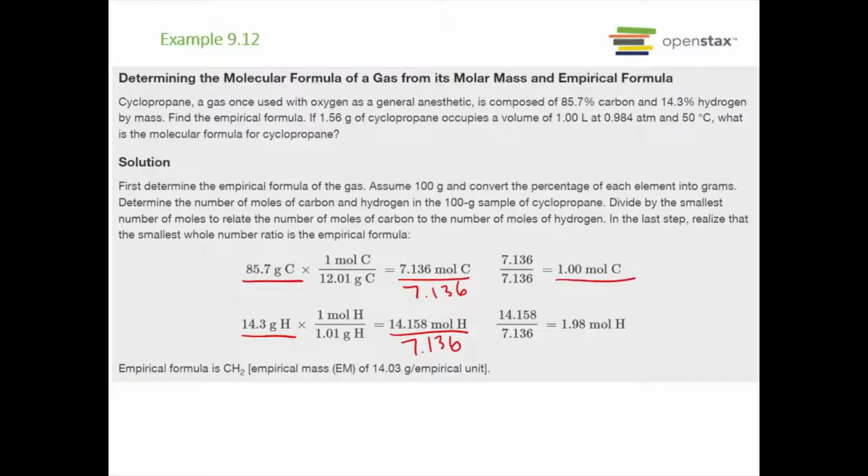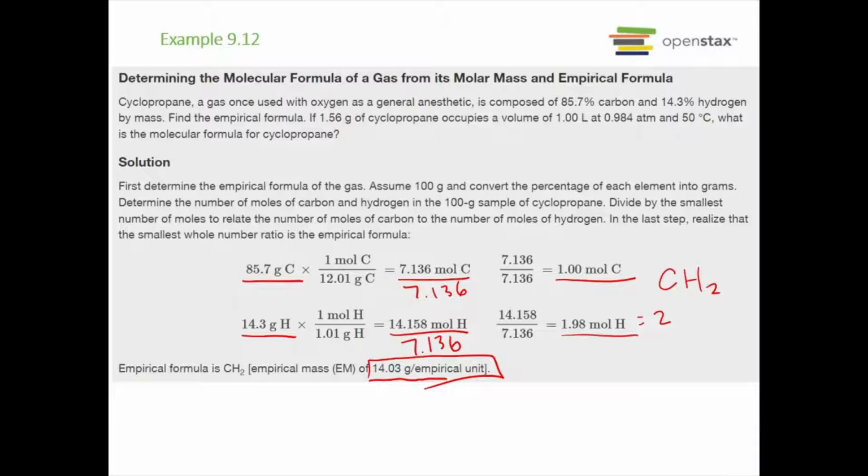And you get 1 to 1.98, that is 2 for hydrogen, so you get an empirical formula of CH2. And the mass of the empirical formula then is 14.03 grams per unit, or grams per mole, however you want to say it. So there's our empirical formula. We've done that first. Now the next thing is we want to figure out the molecular formula.